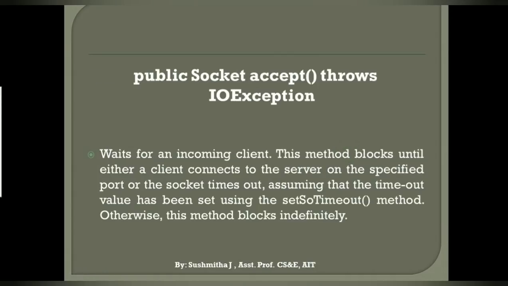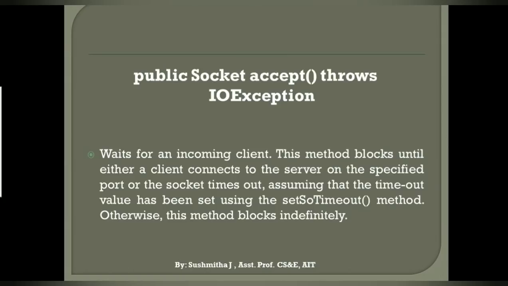And the other API that you have is accept. Now this is going to accept the connection, so it is waiting for the client. This acts as a blocking API, where it has blocked the server until there is a client trying to connect to the server.